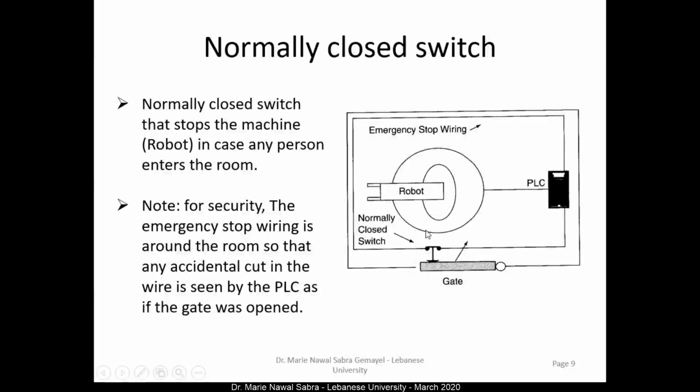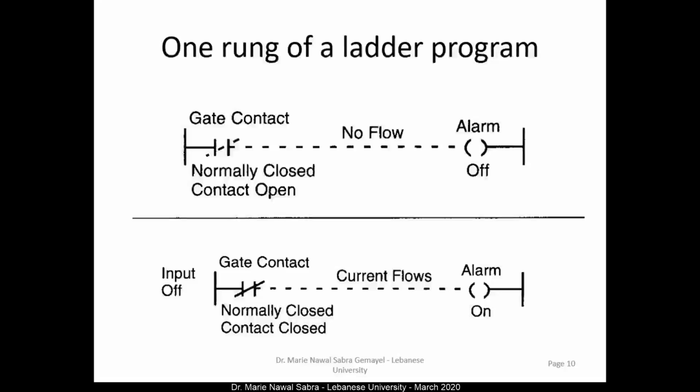So this is a case where I can possibly put many different doors and gates, and they can all function at the same time. Usually, normally closed switches are used for security reasons, whereas normally open switches are used for normal functioning of the circuit.